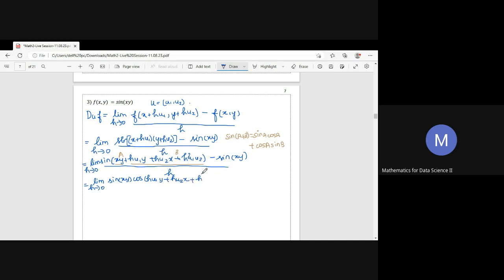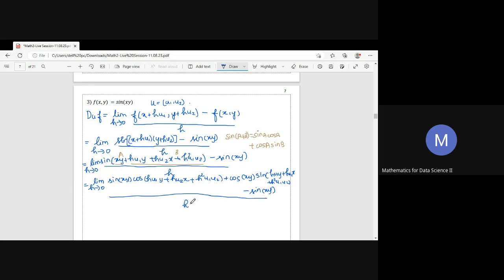plus cos xy into sin of (h u1 y + h u2 x + h squared u1 u2), minus sin xy. Now the whole divided by h.